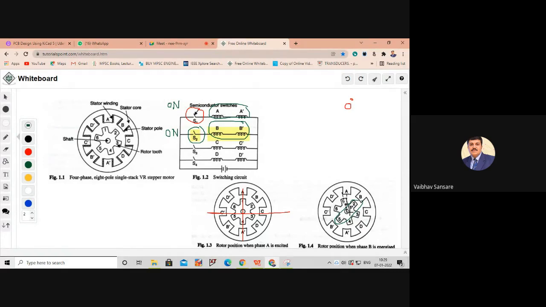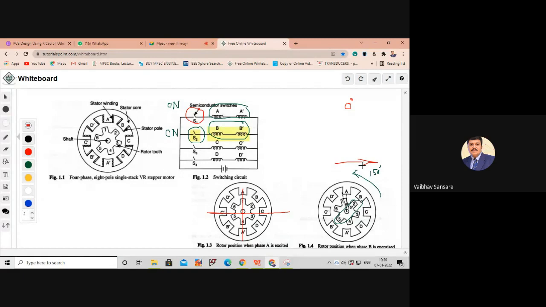Effectively, coil B and B dash tries to rotate the rotor in the counterclockwise direction by 15 degrees. At the same time, the A and A dash coil tries to rotate the rotor with a force of attraction.